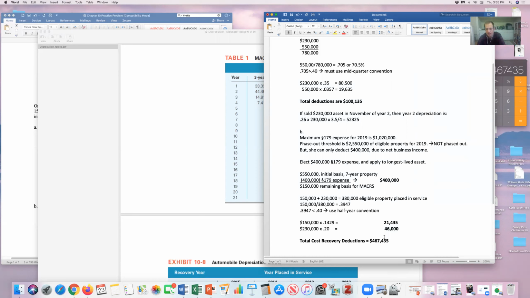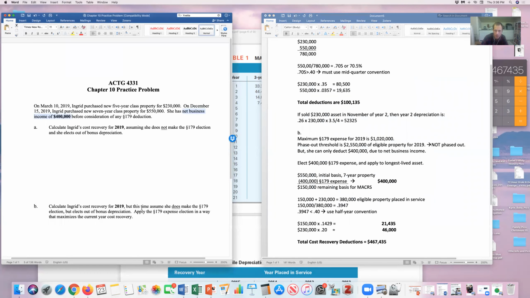So that would be my answer for part B. That's the most I could deduct under these parameters of not doing bonus depreciation. It's the most I could deduct for 2019. So that's the answer that we're looking for to this question.